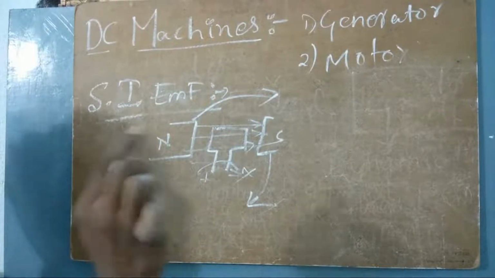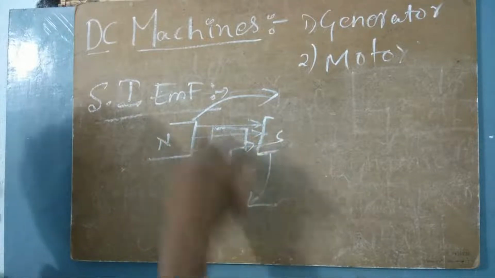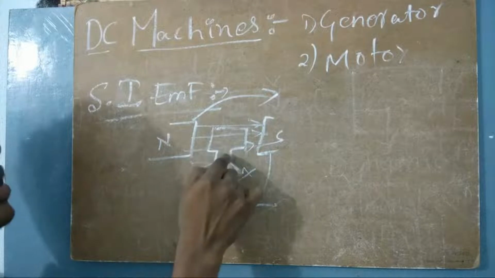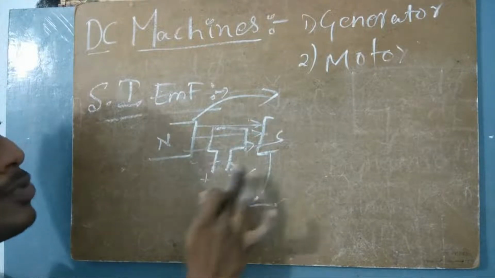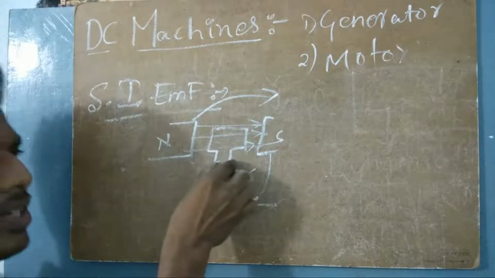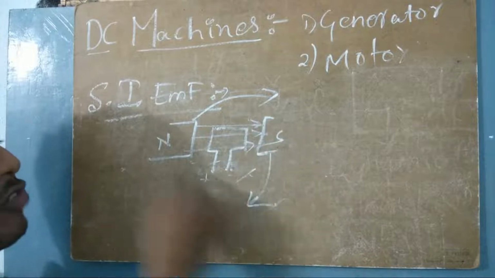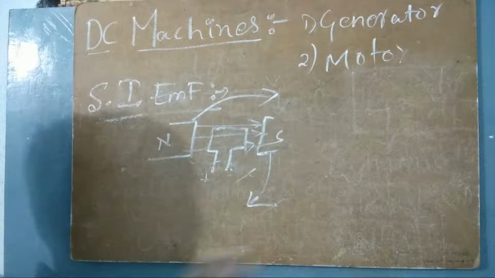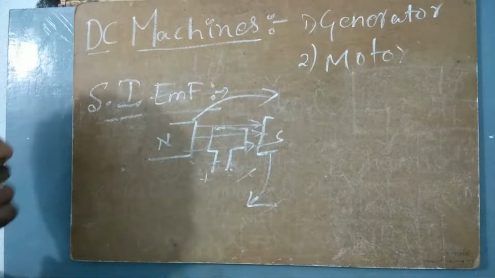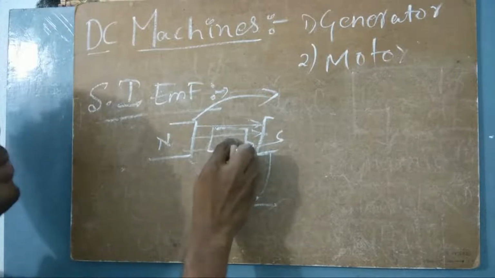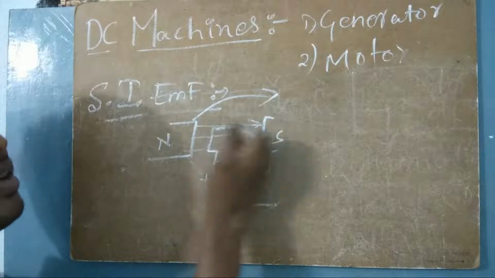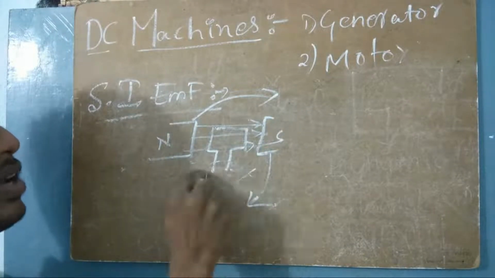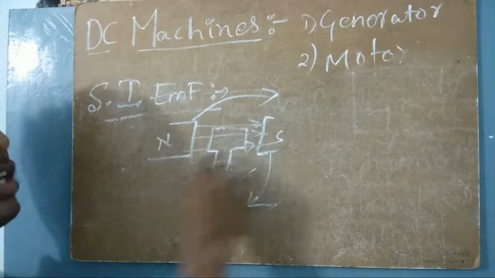Because the magnetic field is moving here, it is disturbing the conductor. The conductor is not moving, it is at rest, but the magnetic field moves. The magnetic field is indirectly cutting this conductor. The similar thing happens when I turn the conductor: EMF will be induced.